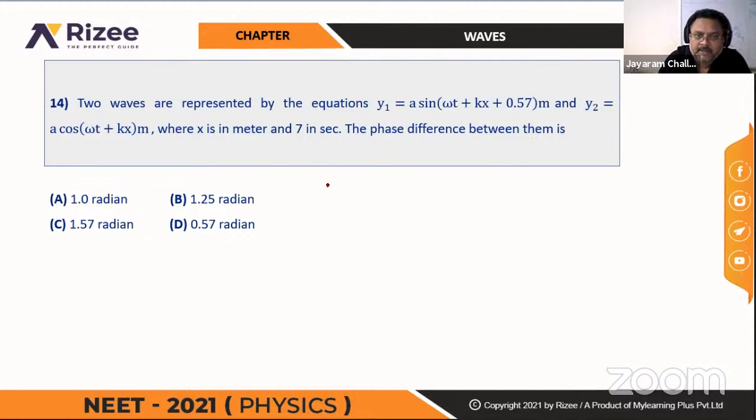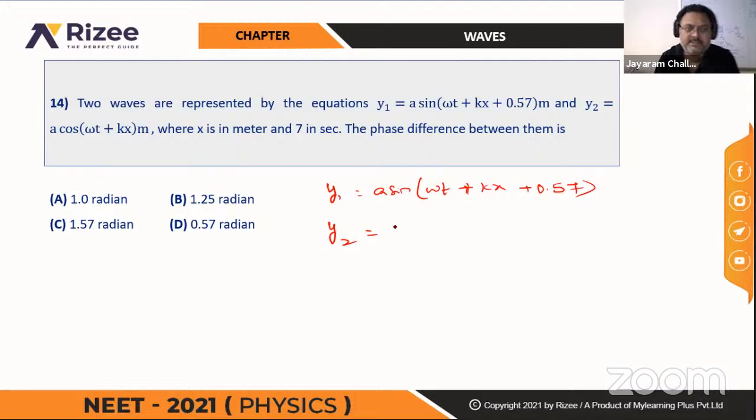So y1 is equal to a sine of omega t plus kx plus 0.57. Now convert the second wave equation also in terms of sine.